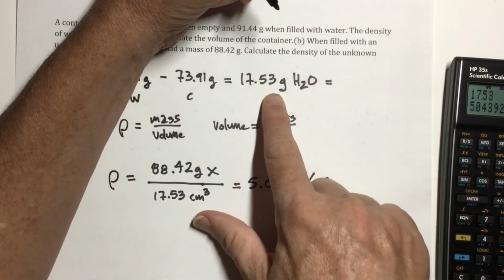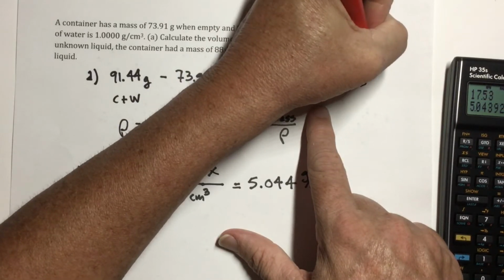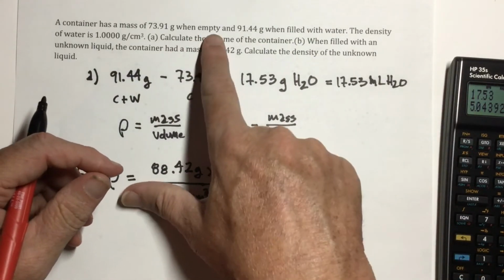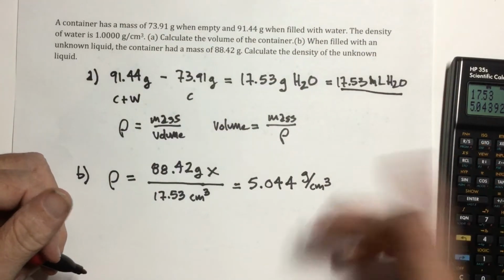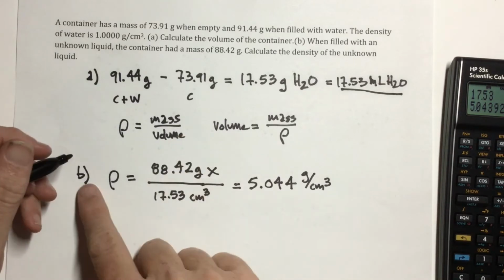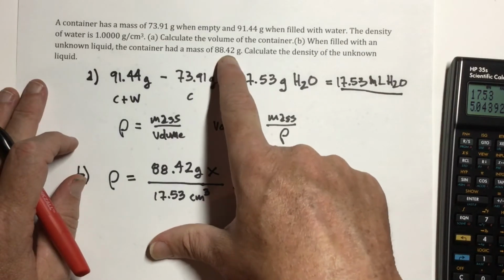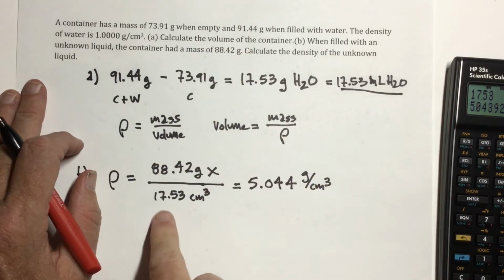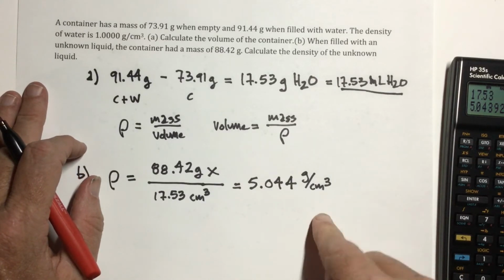So 17.53 grams of water is equivalent to 17.53 milliliters of water, and milliliters are cubic centimeters, which means the volume of my container must be 17.53 milliliters or cubic centimeters. Since rho equals mass over volume, rho equals the mass of our unknown liquid, 88.42, divided by the now known volume of the container, 17.53 cubic centimeters. And that comes out to 5.044 grams per cubic centimeter.